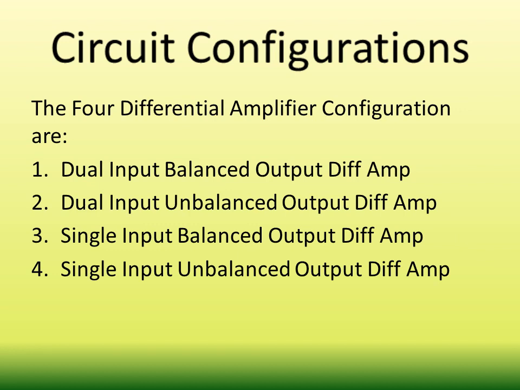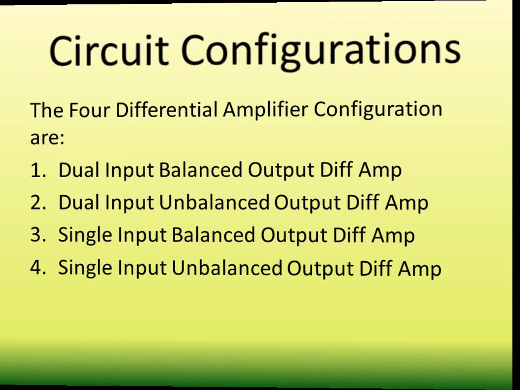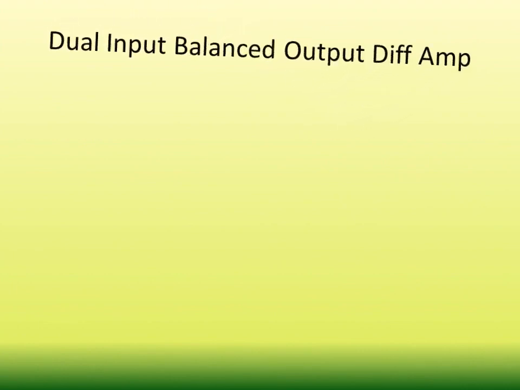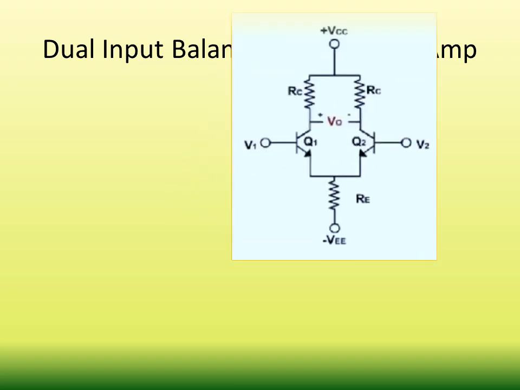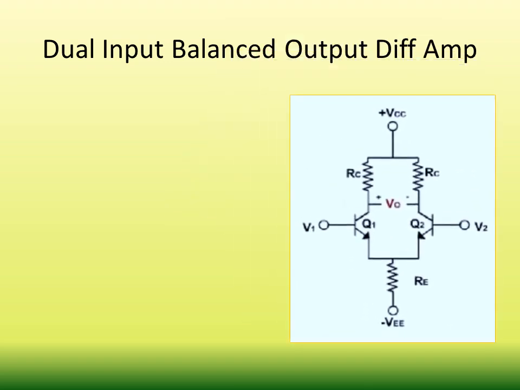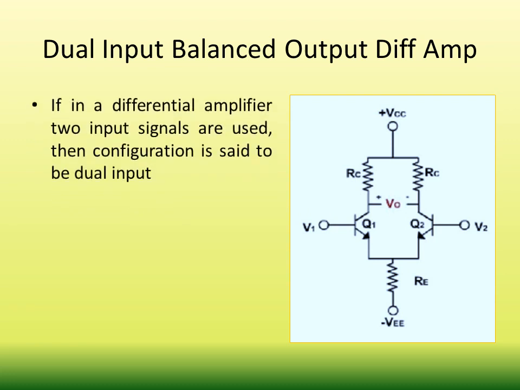First of all, we will see dual input balanced output differential amplifier. Now dual input balanced output differential amplifier is represented as shown in the figure. If in a differential amplifier two input signals are used, then configuration is said to be dual input.